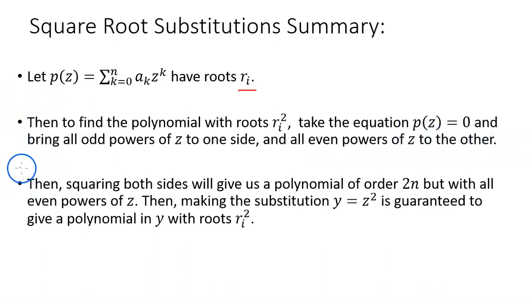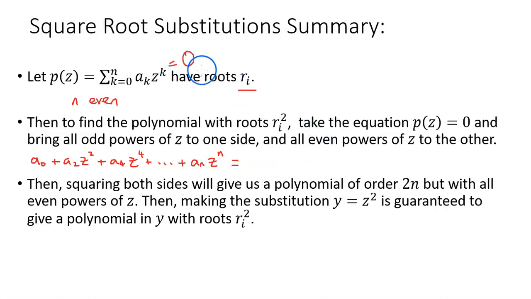So let's just go ahead and do that. So a0 plus a2 z squared plus a4 z to the 4. And again, let's just suppose that n is even this time. But it doesn't actually matter if n is even or odd. Everything will work just the same. So our last term will be an z to the power of n. And we're setting this thing equal to 0, p of z equals 0.